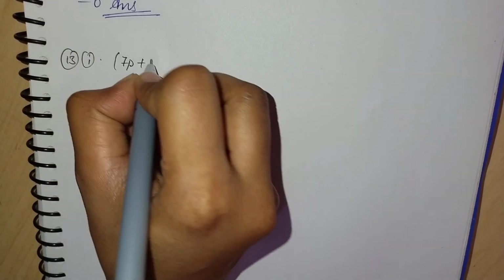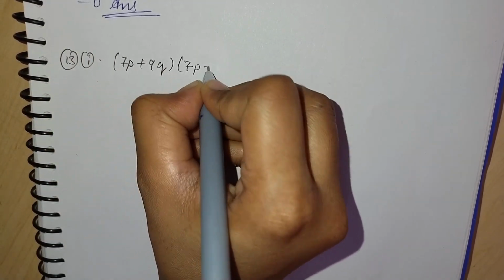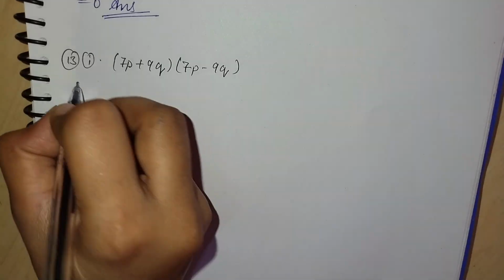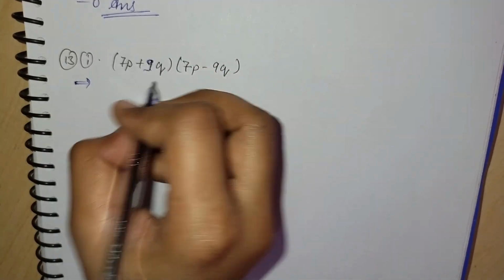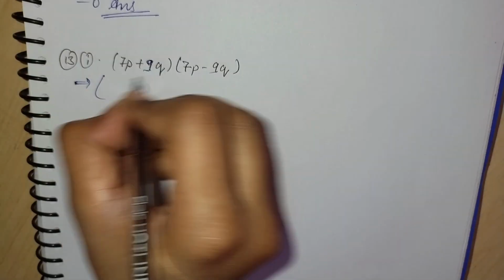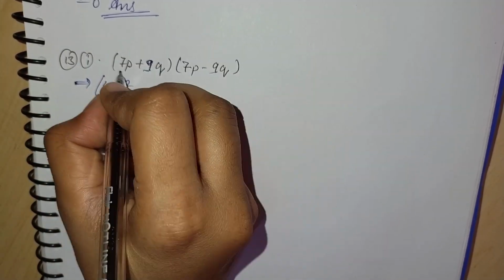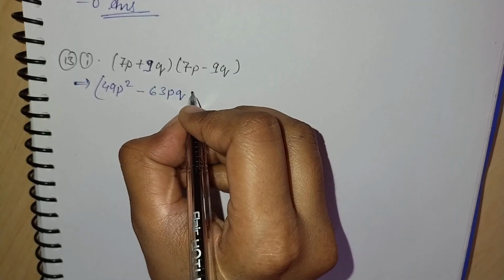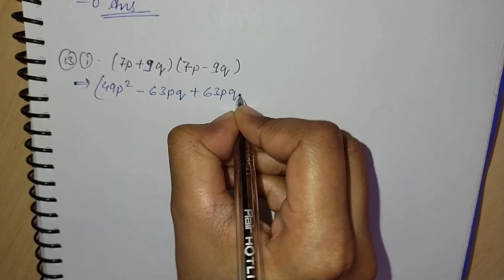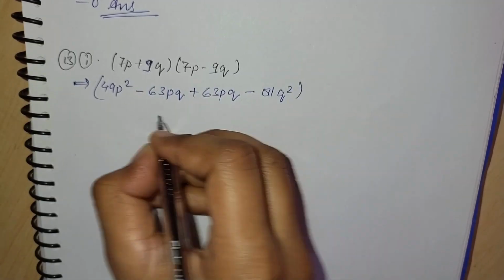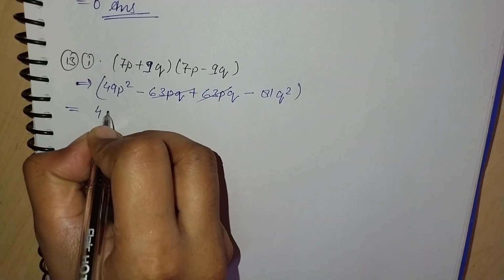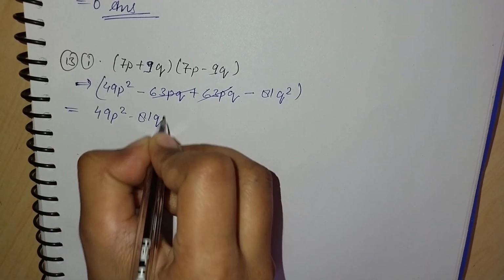The 13th first part is (7p + 9q)(7p − 9q). On multiplying, we will get 49p² − 63pq, plus 63pq and minus 81q². So this will cancel out and we will get 49p² − 81q² as the answer.